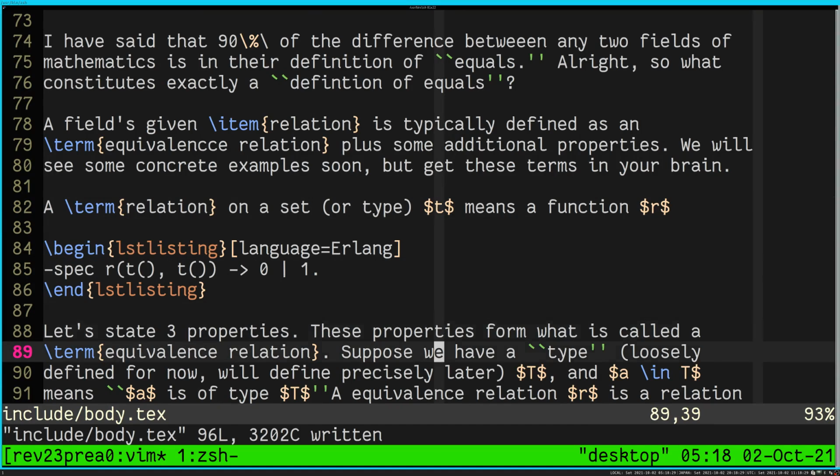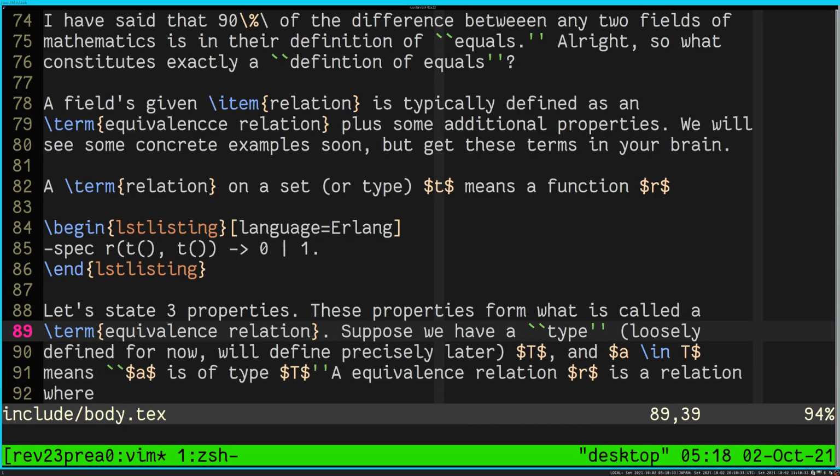Okay, let's say three properties. These properties form what is called an equivalence relation.